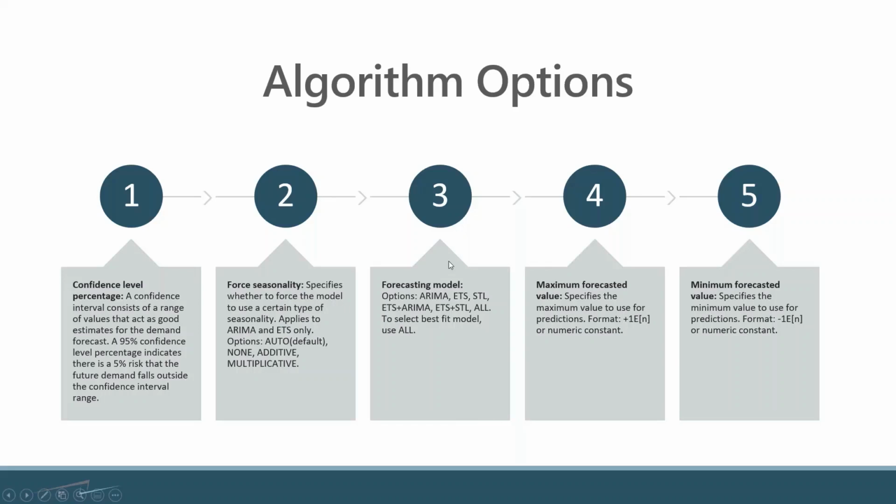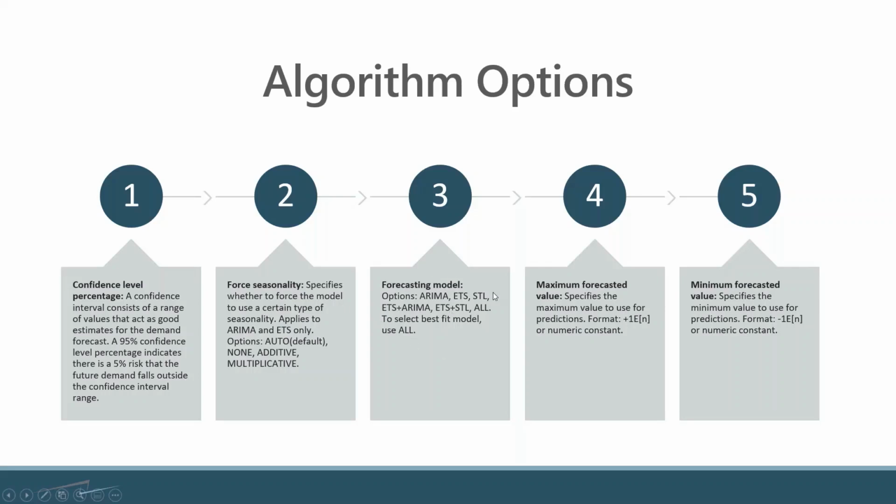Forecasting model, there are just different algorithms. I'm not going to get into the weeds on what these individual options in particular do, but if you select all on your algorithm parameters, when you generate your statistical baseline forecast, it will look through these different parameters or algorithm options and pick the one that works best for the items that you're forecasting.